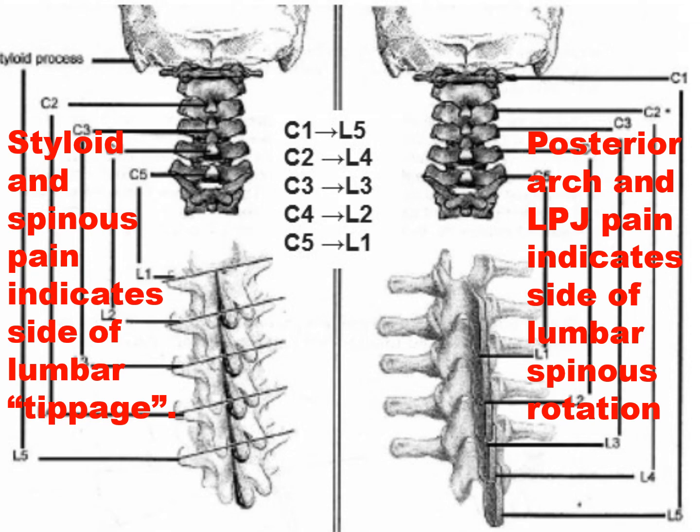So what those muscles are doing is they're purposely creating right tippage in the cervicals by lifting up very strongly on the left. So you'll get palpatory pain at the styloid or the spinous on the side of tippage of the associated Lovett Brother lumbar.